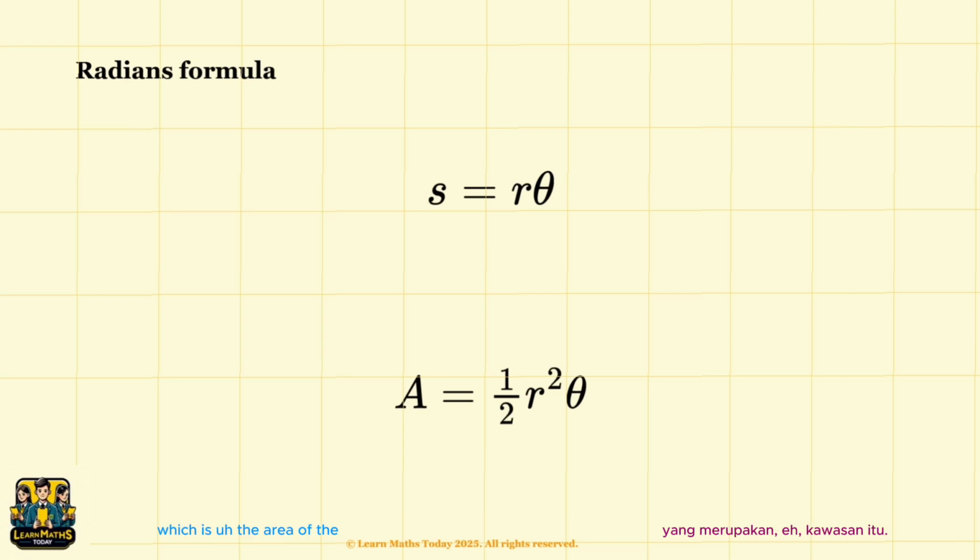The area of the sector is now half times the radius squared of the circle times theta radians, where theta radians is the angle of the sector. I didn't do anything fancy. I just simply subbed in the definition that pi radians is equal to 180 degrees. If you want, you can try and work that out, but here's what we get.